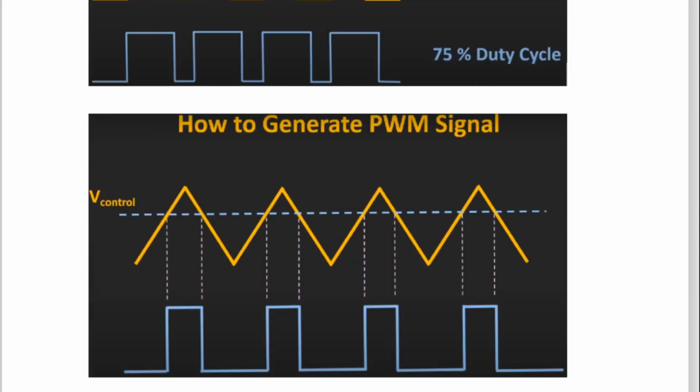And how it is generated, all of you know. A triangular wave is used as the carrier signal, and a sine wave is used as the information signal. The sine wave you can call a reference voltage or control voltage. When the sine wave of the control voltage was on the higher side, there was HVL, and when the sine wave's voltage was on the lower side, there was LVL.